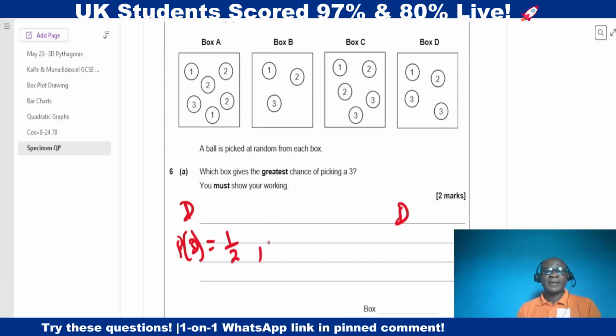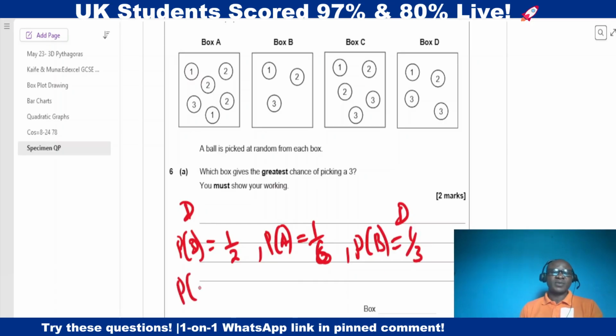The probability of A is 1 over 6, and your probability of B, 1 over 3, and probability of C, 2 over 5. All right. And half is the biggest number. How do you know that half is bigger than 1 over 6, 1 over 3, and 2 over 5?